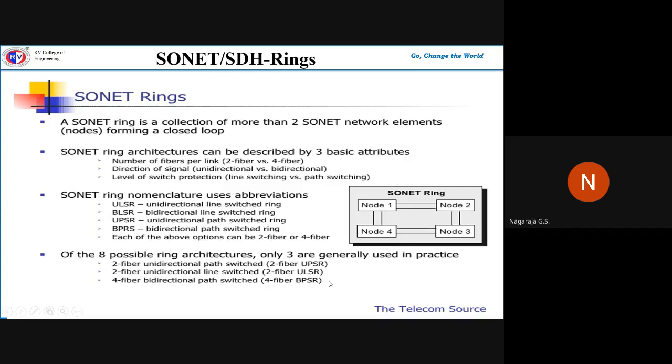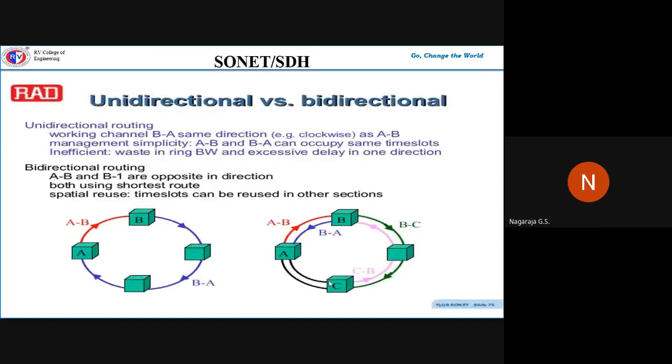So rather, I could say that you can design and deploy a Sonet network using unidirectional or bidirectional line and path switching options. We have very good flexibility to design and deploy your Sonet ring networks. Yeah, this is another version of the same thing.